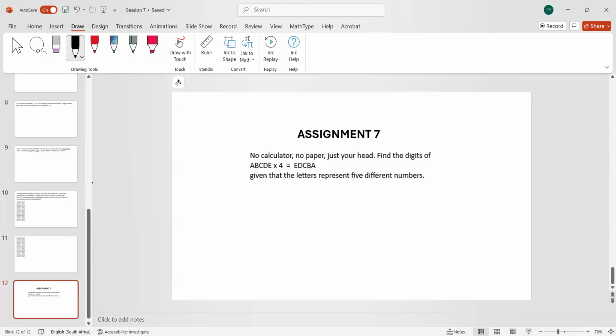So try to calculate just by logic here, pure logic. You can work out what these numbers are one by one. For instance, you know this is a multiple of 4, so therefore it's an even number. So A could only be even, right? And this is a 5-digit number, right?